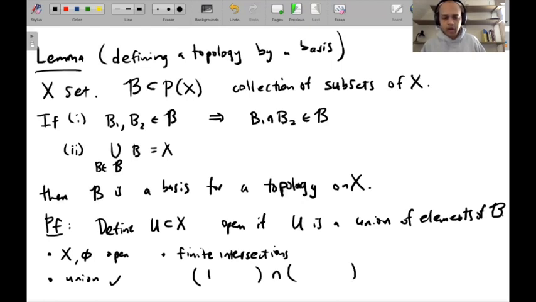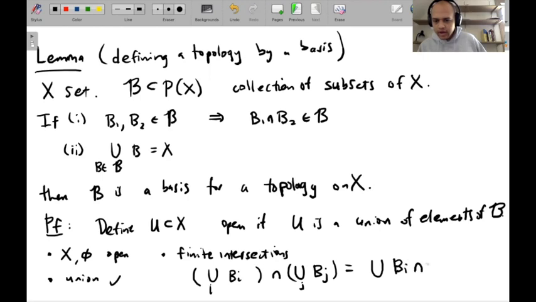So open sets are of the form unions of basis elements, or elements of B. So if we intersect two unions like this, then we can rewrite this as a union of intersections, B_i intersect B_j, over i and j.